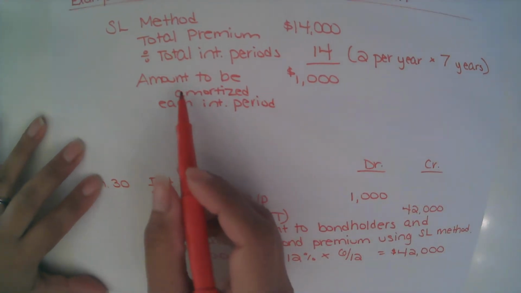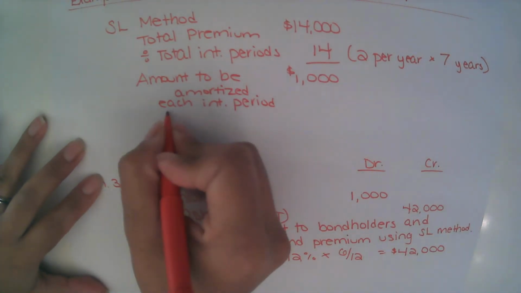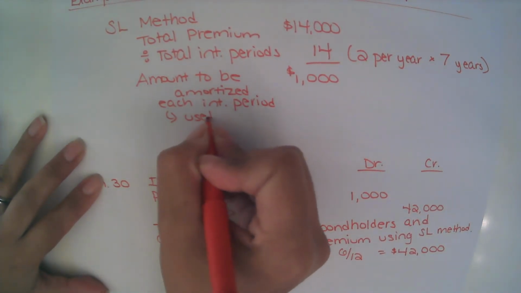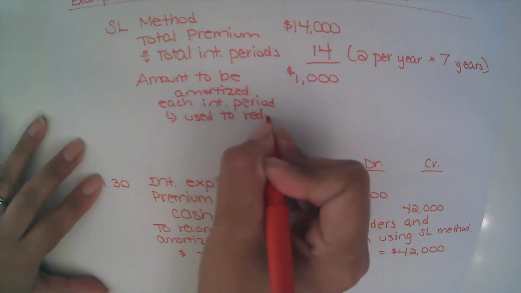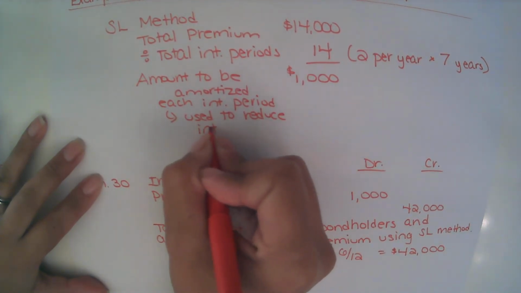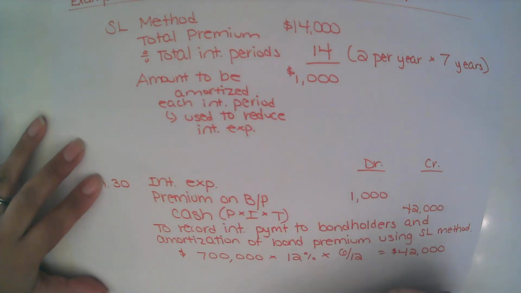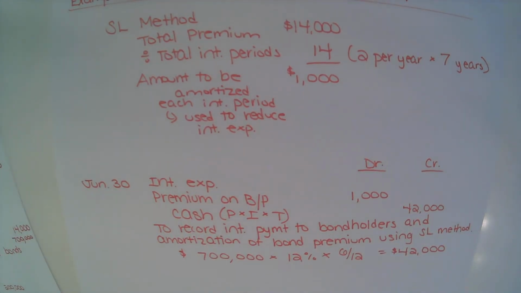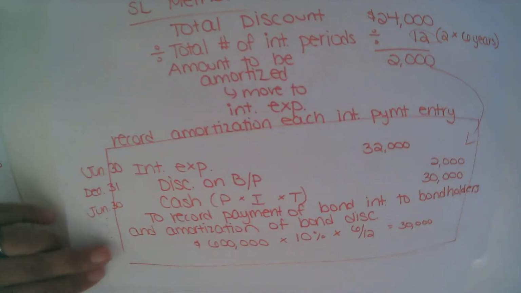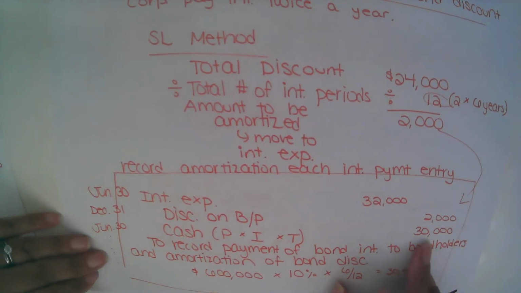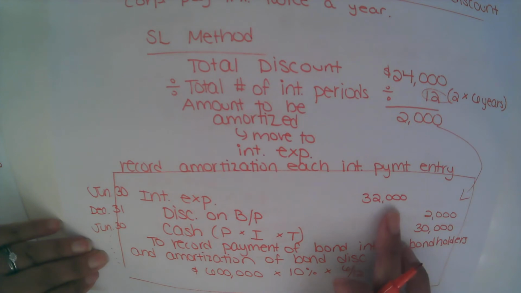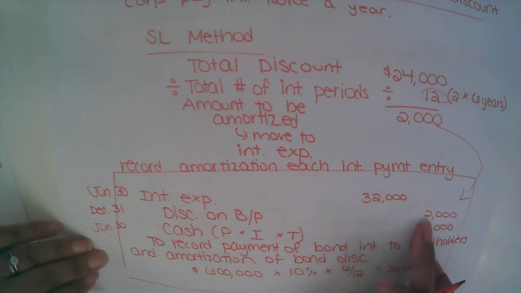Now, amount to be amortized each interest period used to reduce interest expense. Our discount increased our interest expense. If you remember the last one we did, it went from interest expense that normally would be $30,000, but now it became $32,000 because we had to move that discount to interest expense.